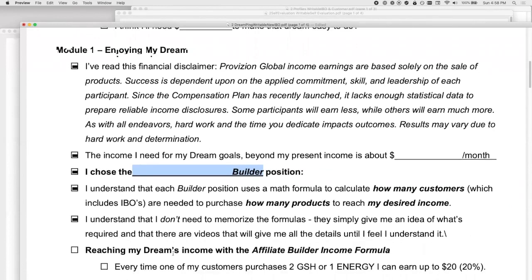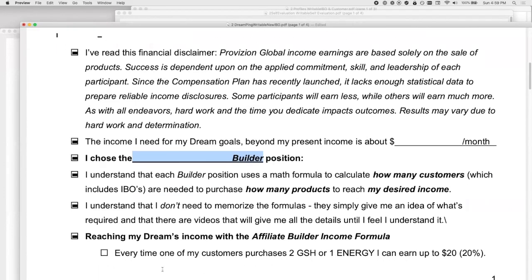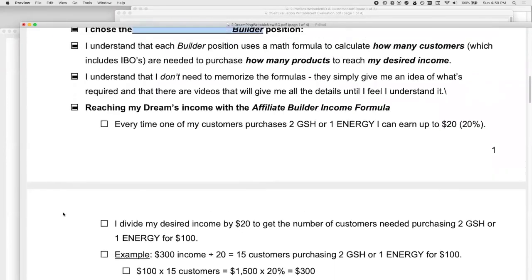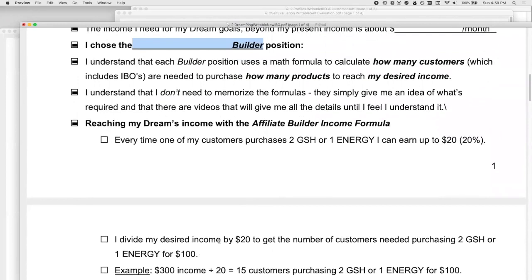So reaching your dream income with the affiliate builder income formula is as follows. Every time one of your customers purchases 2 GSH or 1 energy, you can earn up to $20, which is 20% of the purchase. If you divide your desired income by $20, you will get the number of customers needed purchasing either 2 GSH or 1 energy.